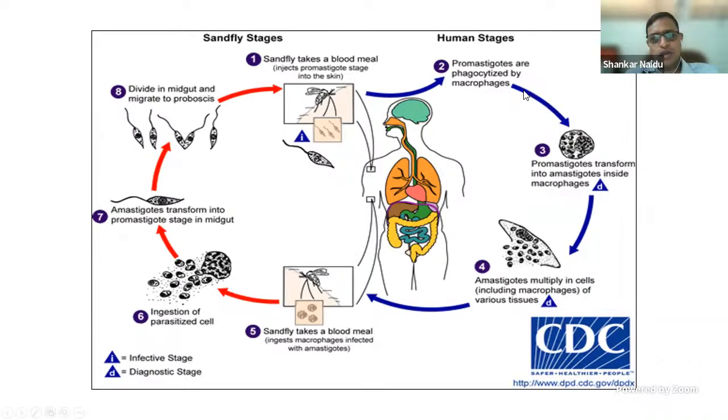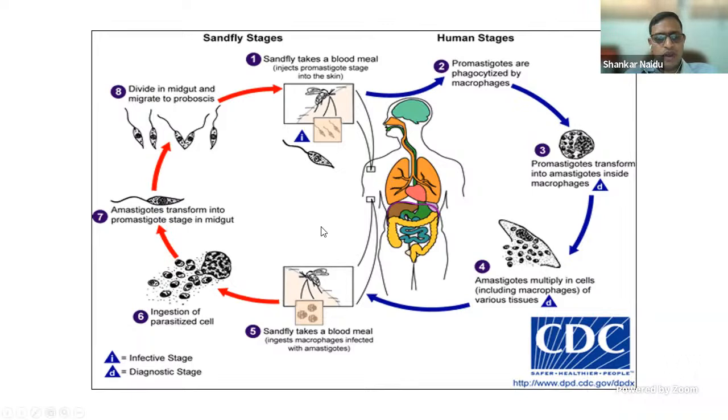And these promastigotes are phagocytosed by the macrophages, where they are transformed into amastigote form, and they keep on replicating within the macrophages, resulting in various clinical manifestations. Once these infected macrophages disseminate throughout the body, especially the reticuloendothelial system, which includes the spleen, bone marrow and other organs, they result in various manifestations of visceral leishmaniasis.